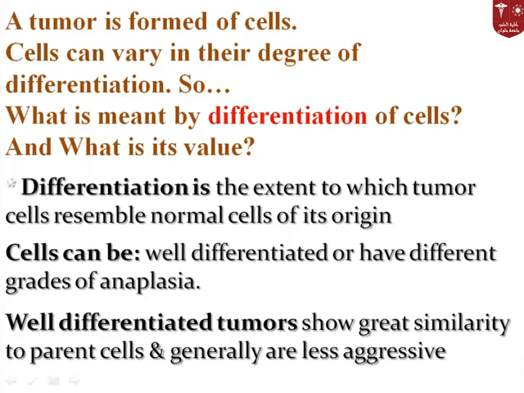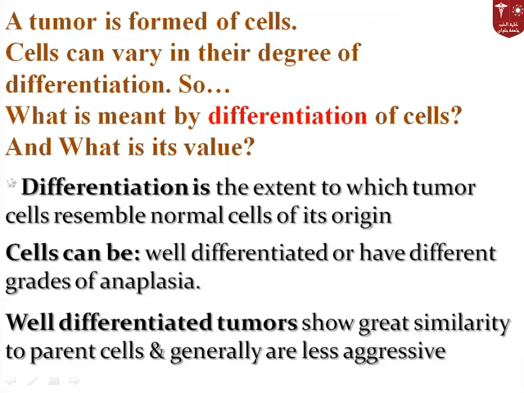With no resemblance, it is called undifferentiated. And the more the cells are away from the normal shape, the greater the undifferentiation, right? The worse the prognosis, or the worse the outcome.